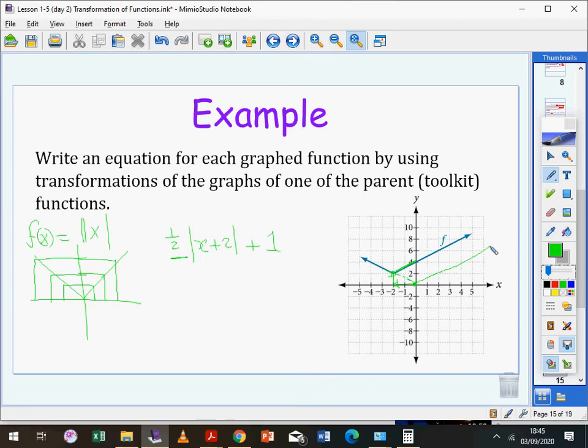I hope you can see that in this one, when the x value is 1, the y value is 0.5. When the x value is 2, the y value is 1. So it's as if the y values are being reduced by a factor of a half. That's why I'm using this factor of a half here in front of the equation. So my equation is simply 1/2 of the absolute value of x plus 2, plus 1. That's what was done to that parent to give the graph that we have in the grid.